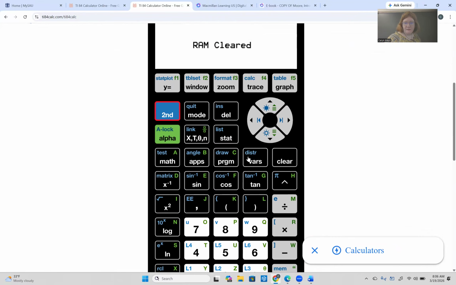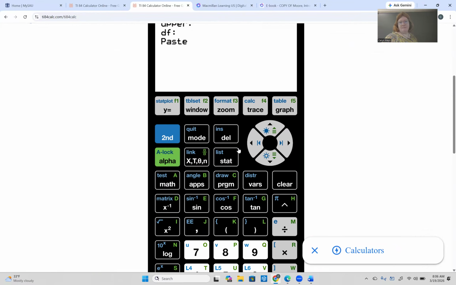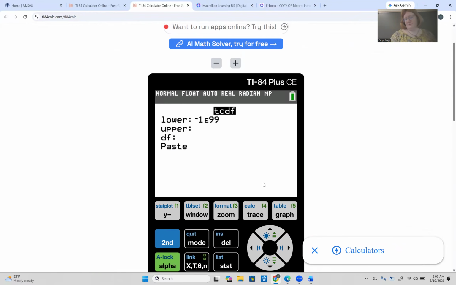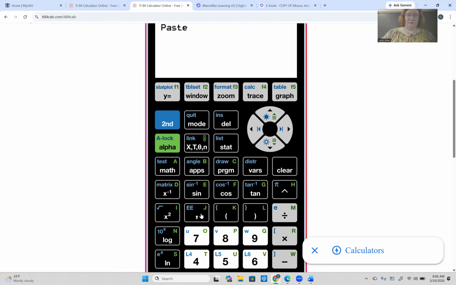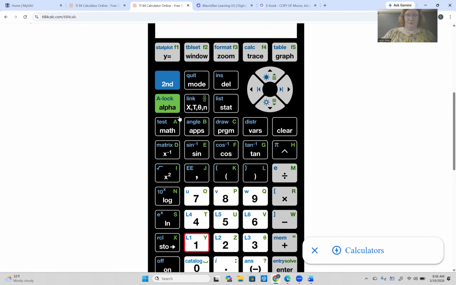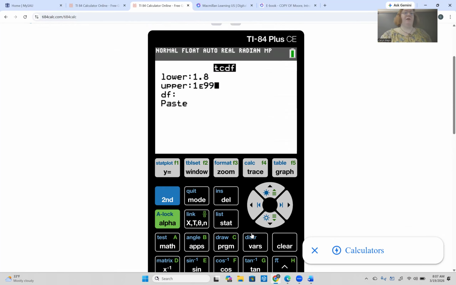Okay, second distribution. We are doing t, so we'd have tcdf. We are going from, since we want bigger stuff, our lower is that t-score, and we're going up to infinity, 1E99.